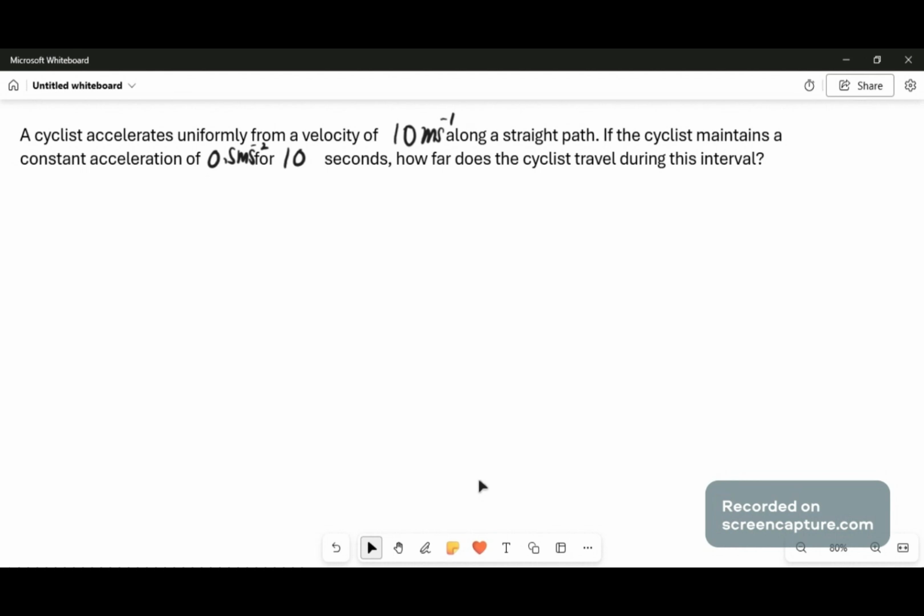Here also we shall jot down the data given in the question first. While reading the question, you can understand that the initial velocity of this cyclist is 10 meters per second. That means u is equal to 10, and the acceleration is 0.5 meters per second squared.